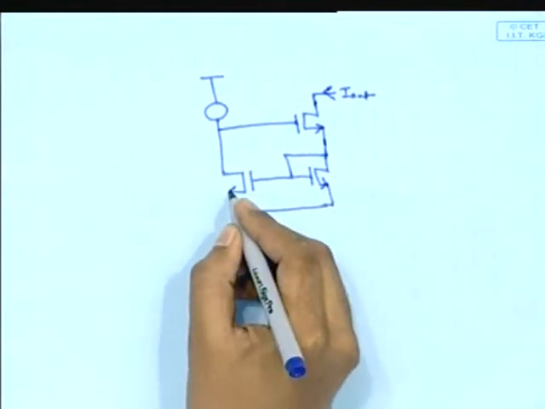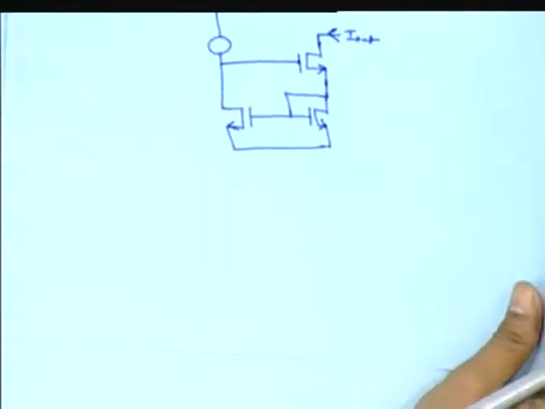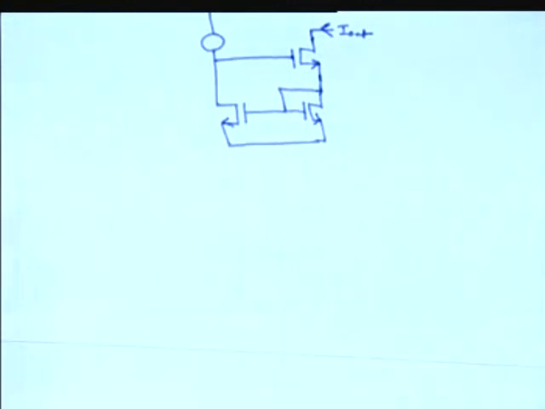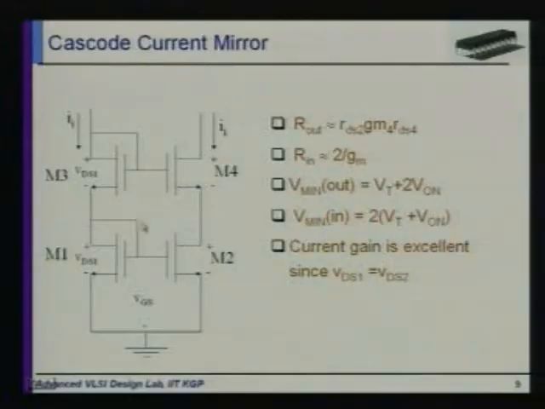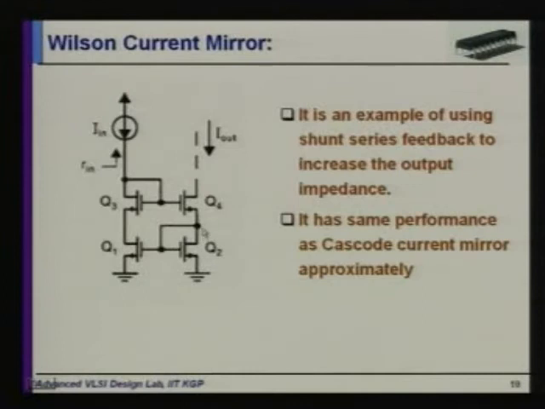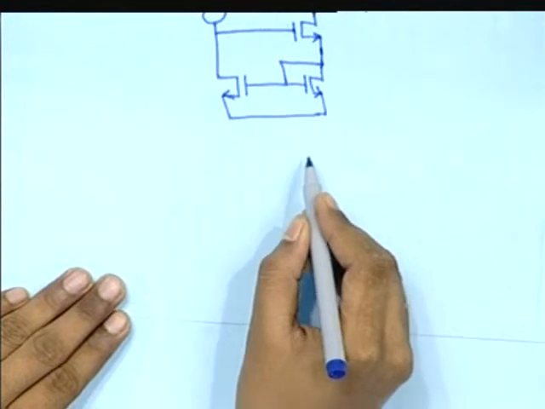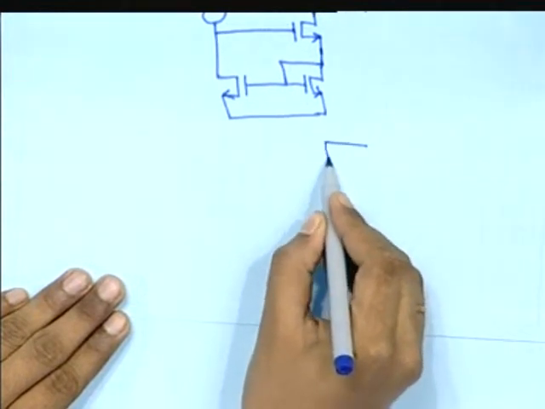This is the primary Wilson current mirror, and in the case of the first one we can easily find the R out, but here we have to find what the R out will be. We are not using the small signal here; we are using another process to find that particular output resistance.